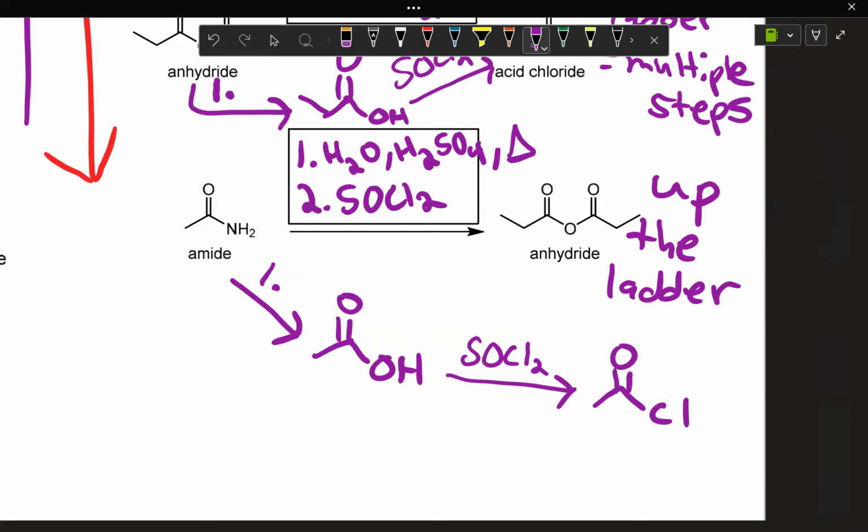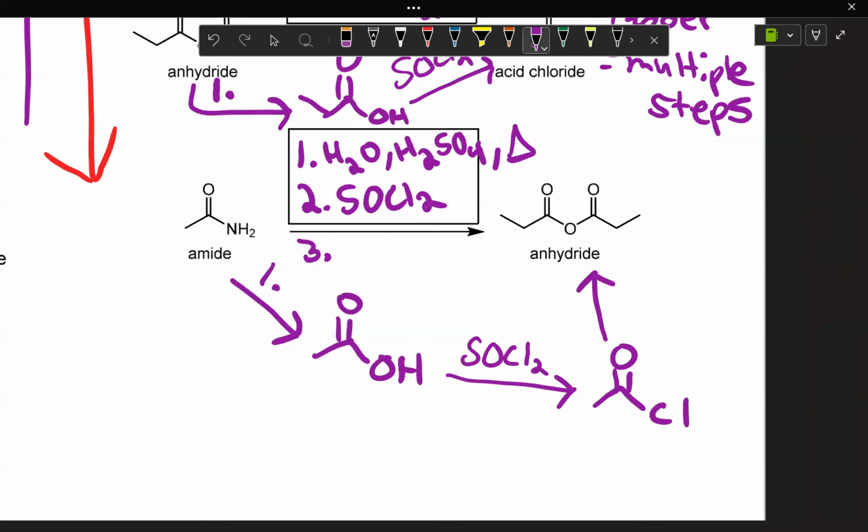So SOCl2, or thionyl chloride, and then we can go directly from an acid chloride to an anhydride.